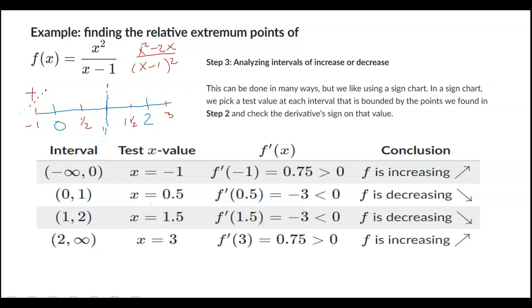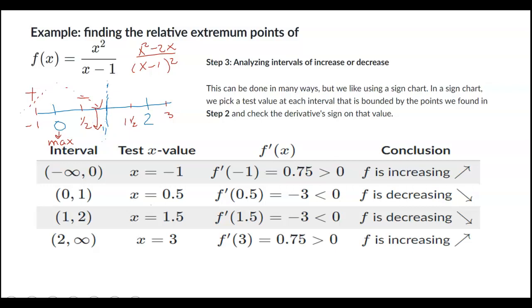Plug in a half. A half squared is a fourth. A fourth minus 1 is negative, therefore decreasing, therefore 0 is exactly a local max. We know this graph is going to a negative asymptote because it's decreasing.